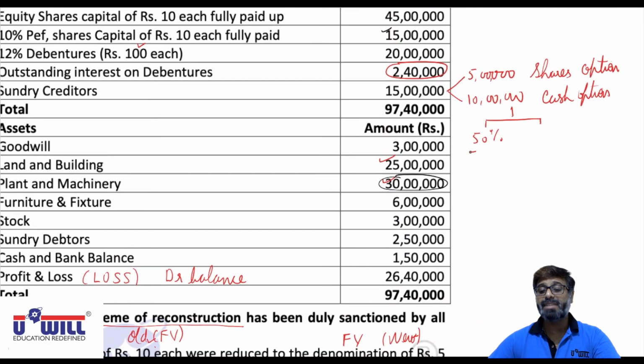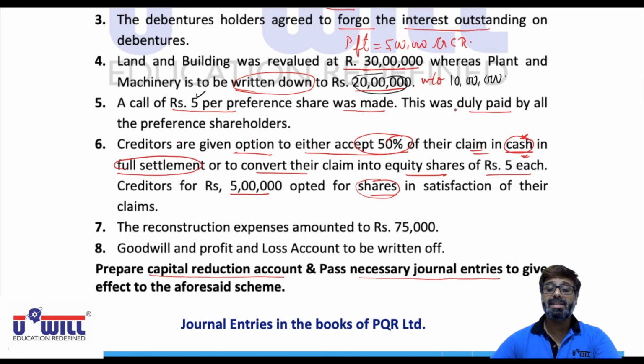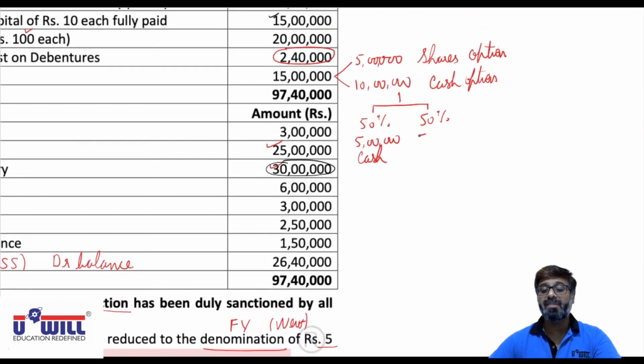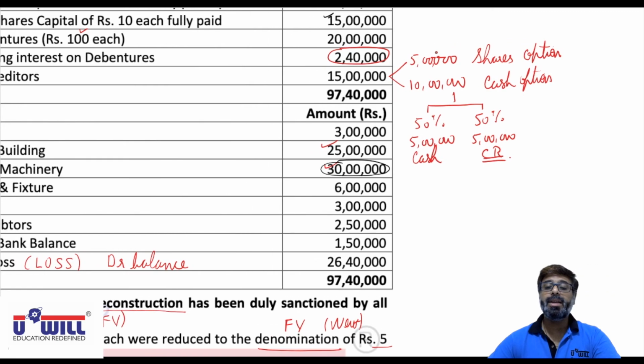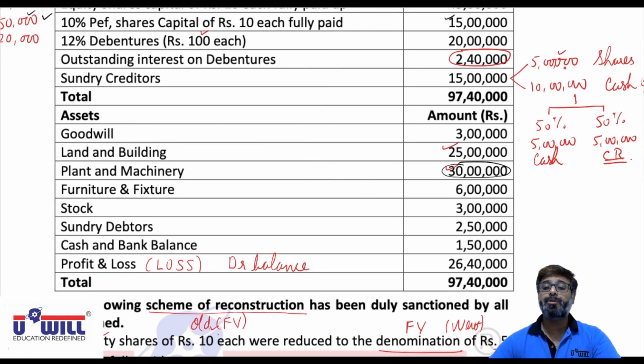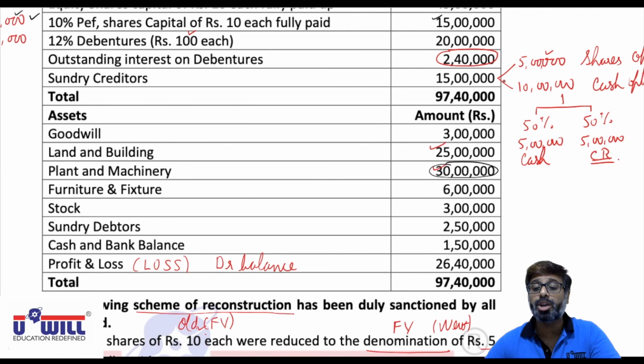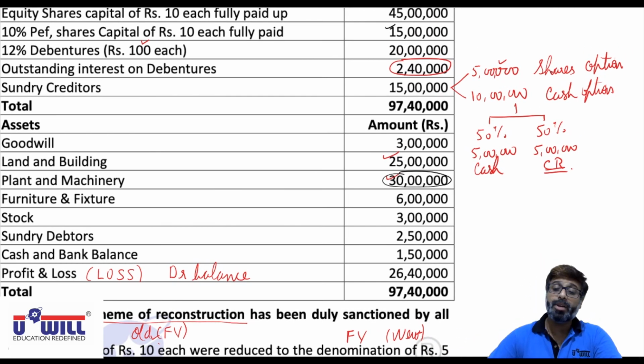So out of 10 lakhs, 50%, 5 lakhs only we will pay them in cash, and remaining 50%, and that is in full settlement. 50% claim in cash in full settlement, that means they have to sacrifice remaining 50%, 5 lakhs, that will be transferred to capital reduction account. Equity shares means 5 lakhs full value we convert into equity shares, but then they'll get the money in future only whenever the company goes into liquidation, otherwise they cannot get that money.